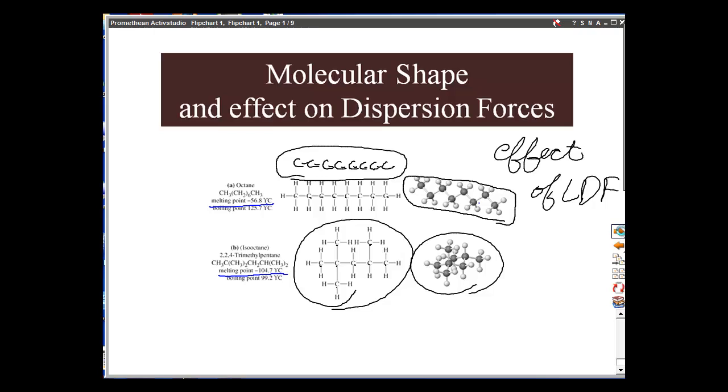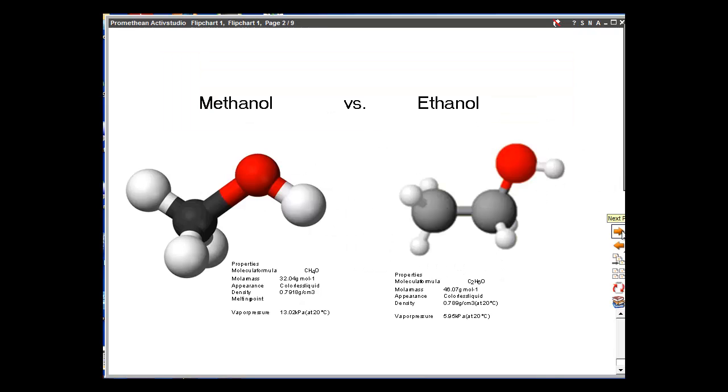Let's talk about a couple more things. Let's compare when you have more than one IMF coming into effect. Here we have ethanol, which is C2H5OH, and methanol, which is CH3OH.